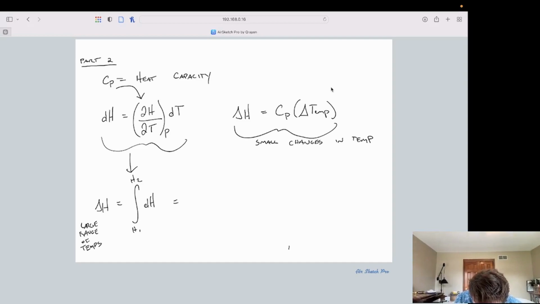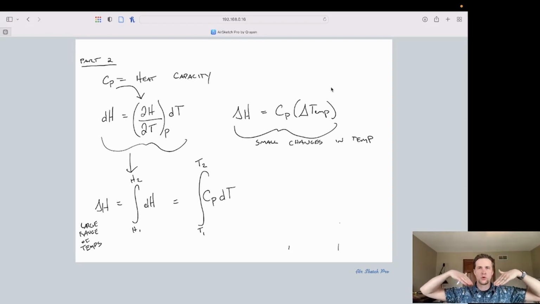And that is going to equal the heat capacity with respect to any changes in temperature, but we have to take the integration of this from whatever our starting temperature is to our ending temperature, right? So whatever the enthalpy is at our starting enthalpy corresponds to our starting temperature, and we have to understand the integration all the way from our starting enthalpy and temperature to our ending enthalpy and temperature, whatever that ends up being for our combustion reactions in the flame.